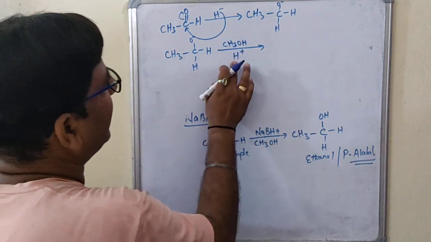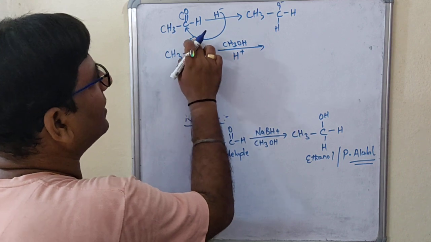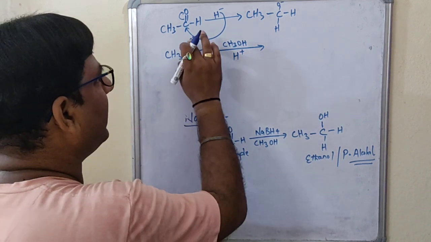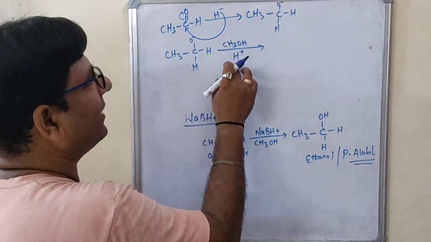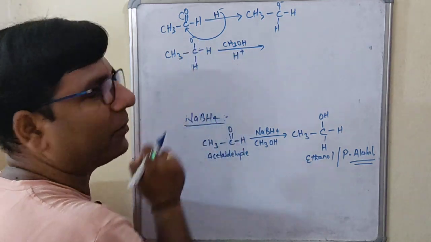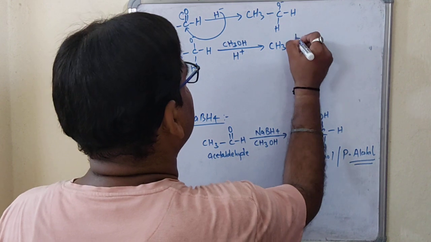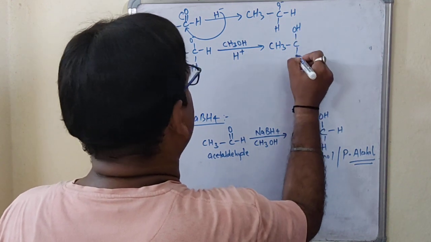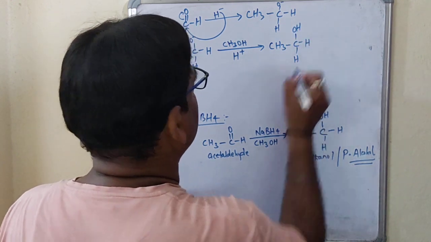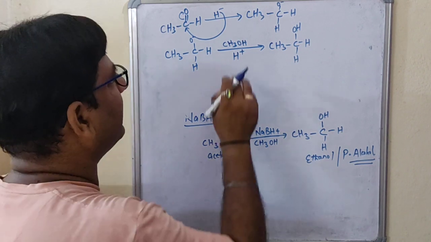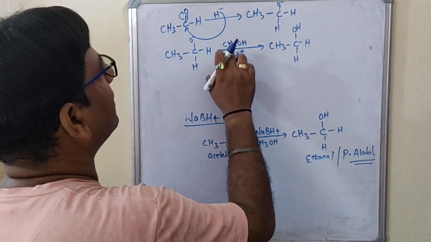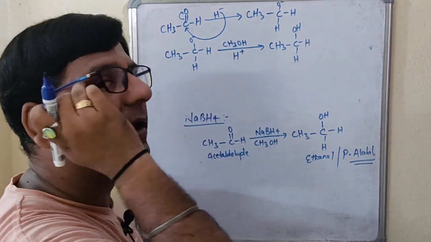Now this H plus will directly go and attack this O minus, means the two electrons of O minus will be given to H plus to form a bond with it. So here we will write CH3, COH, here it is H, H. Right? And here it is CH3O minus.